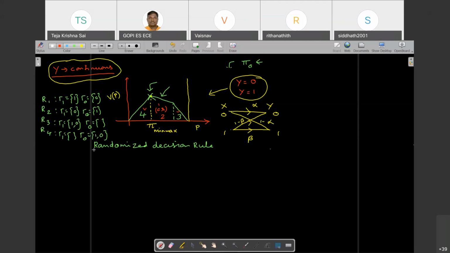Now what I'm trying to say here is we are going for what is called a randomized decision rule, because we have to find the rule for which this is the max. This location is the max here. Just before this we have rule 4. Just after this, we have either rule 1 or 2.